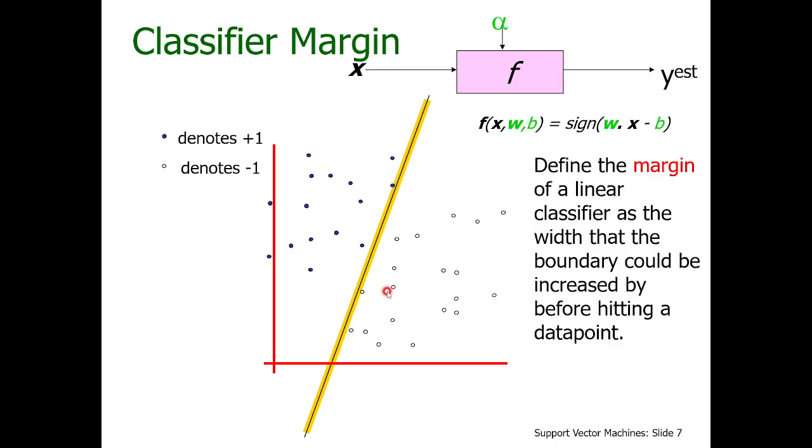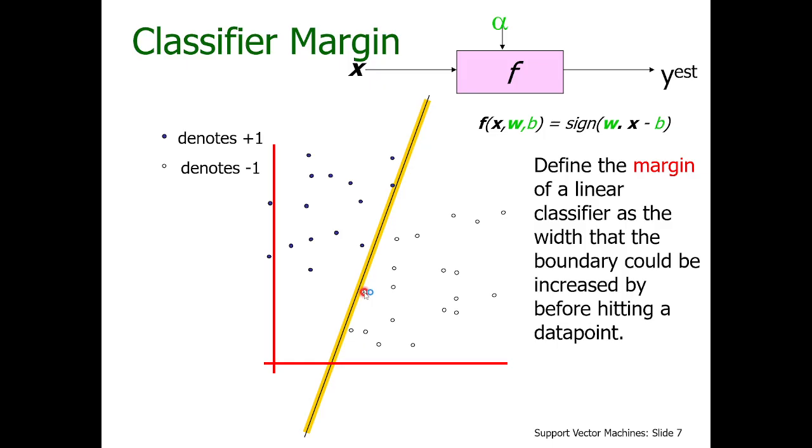That is based on the samples which are nearest to that line, which can touch that specific line. One sample is from your +1 class and one sample is from your -1 class. Here I'm pointing that this one is a sample from the +1 class, and this is a sample from your -1 class.